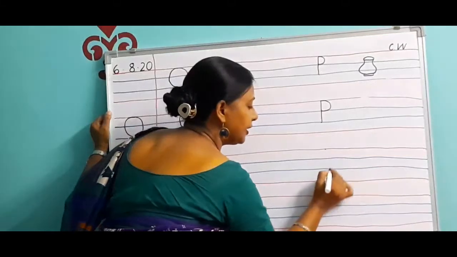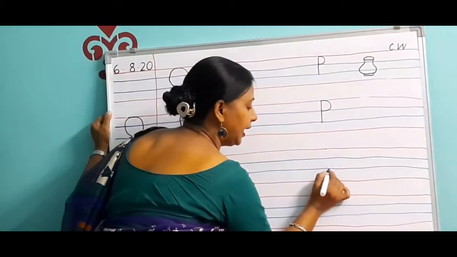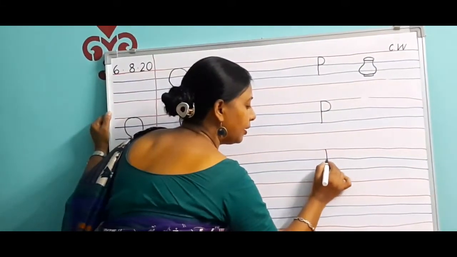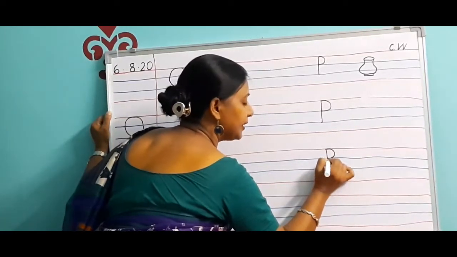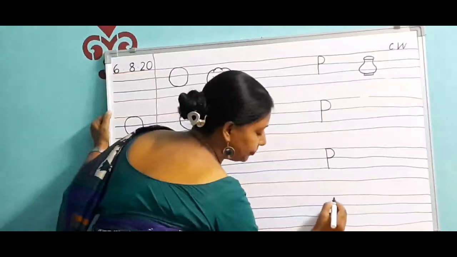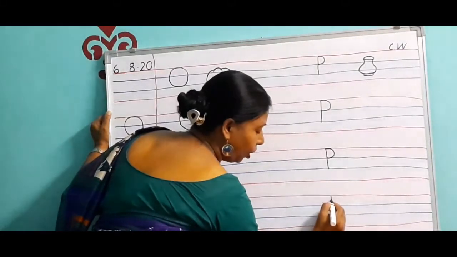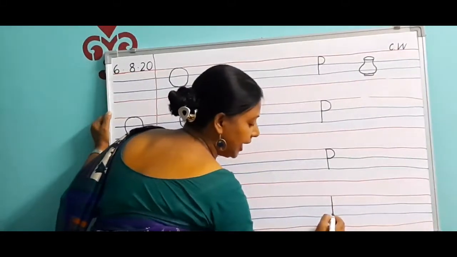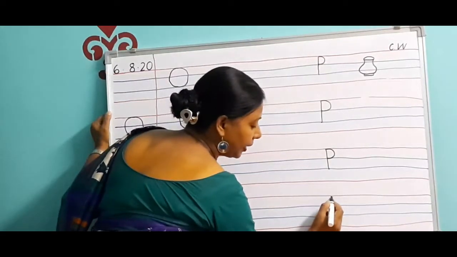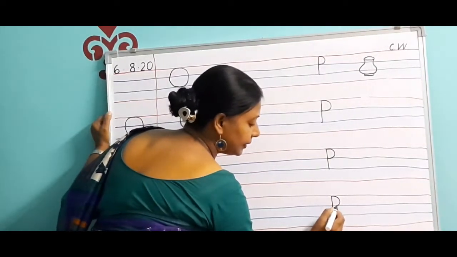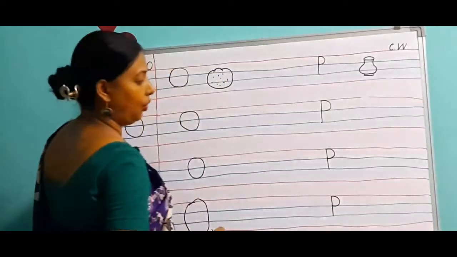Then again from the first line till the third line, standing line, semicircle. Again, draw a standing line from the first line till the third line, and then a semicircle, okay?